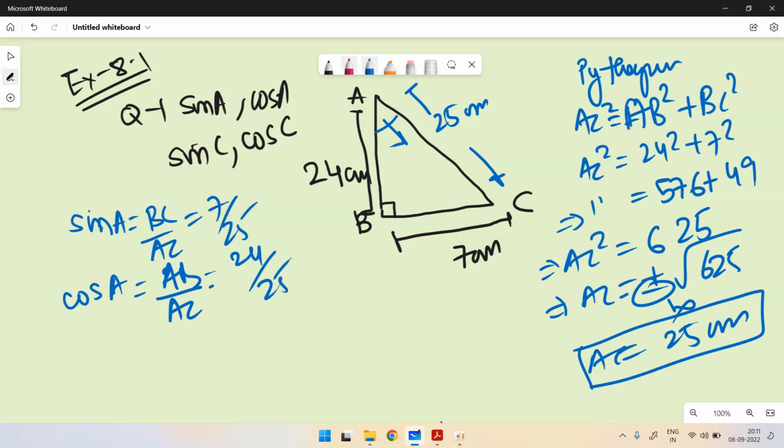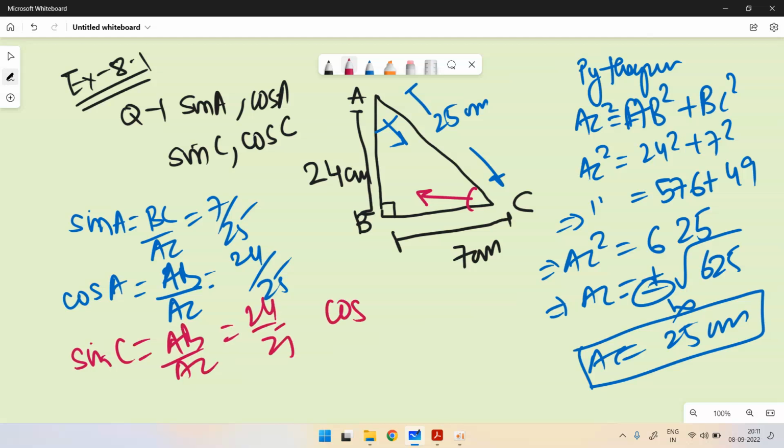Now sine C: from angle C, this is my perpendicular, so sine C is perpendicular by hypotenuse, AB by AC, 24 by 25. And cos C is base by hypotenuse, BC by AC, 7 by 25. This is my answer.